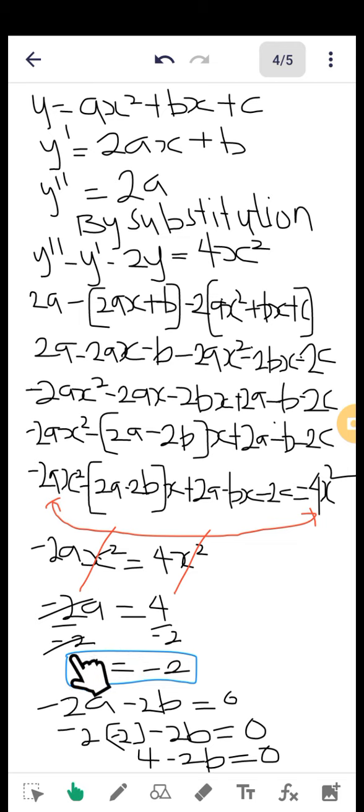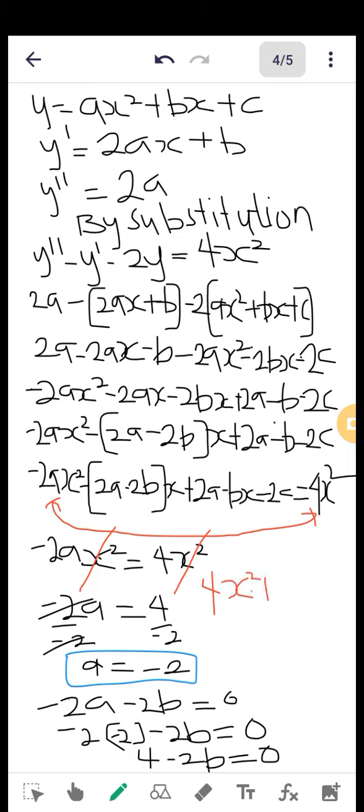When we try to find the value of a, that is divide 2 by negative 2, we are going to get a to be minus 2. Then also, you know that this place to the whole of this, that's minus 2a minus 2b equals 0. It is equal to 0 because all the values of the right hand side is only 4x squared.